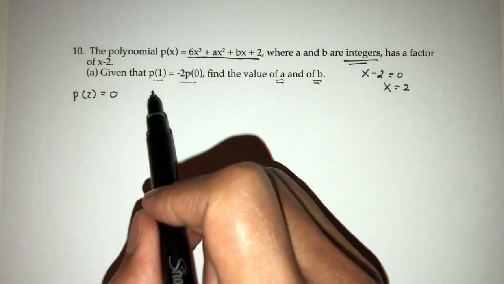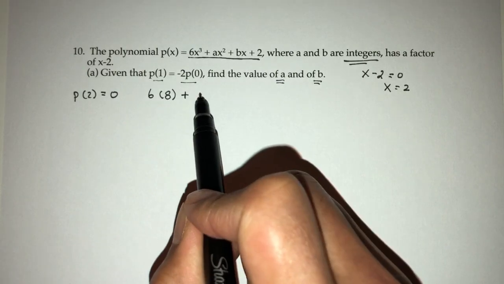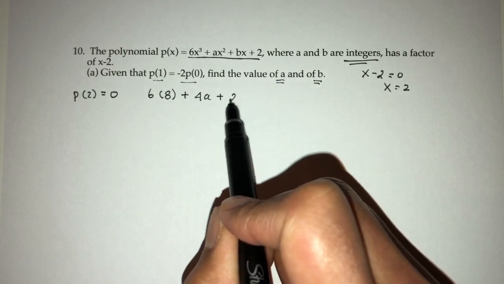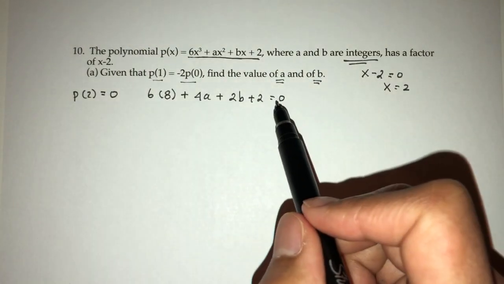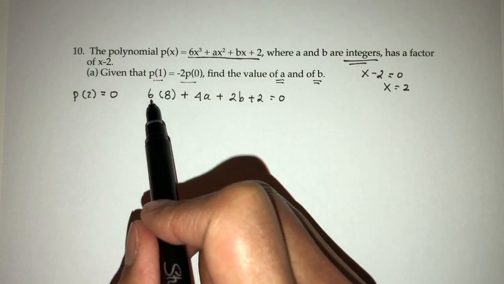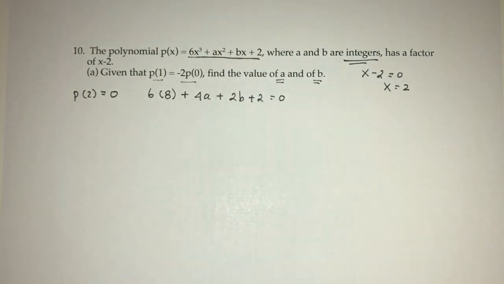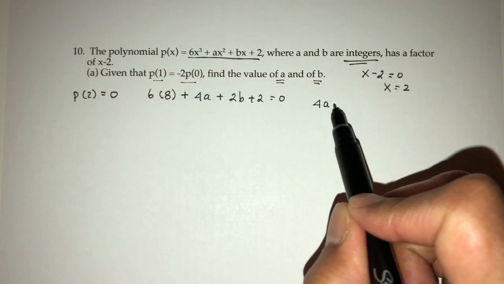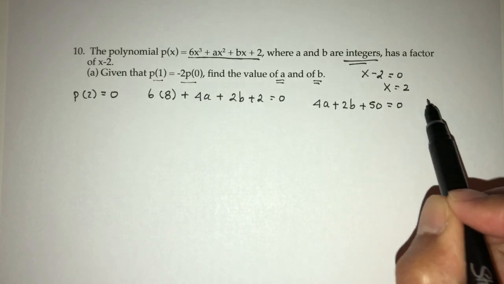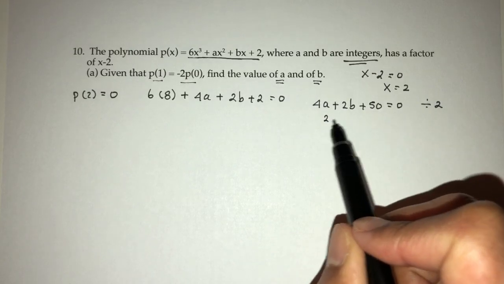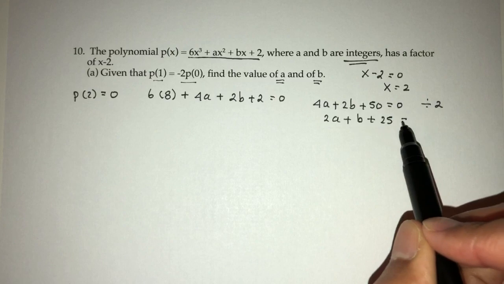So let's do that. 6 times 2 cubed, which is 8, plus 4a, plus 2b, plus 2 has to be 0. So 6 times 8 will be 48, plus 2 is 50, so you will have 4a plus 2b plus 50 equal to 0. Divide by 2 everywhere, you will have 2a plus b plus 25 equal to 0.